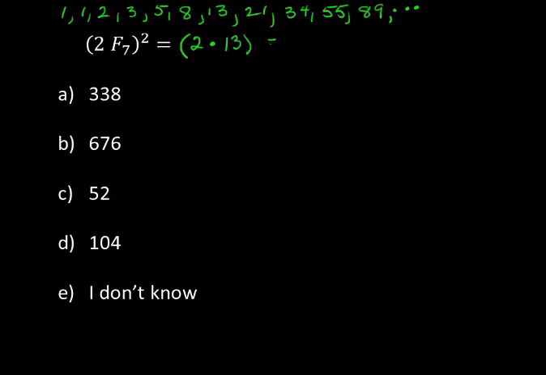So this is equal to 2 times 13, which is, oh, excuse me, I should have put the square here. 2 times 13 is 26, and we are squaring 26, which is 676. It's 26 times 26, which is 26 squared. So choice B.